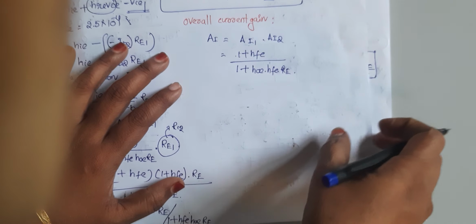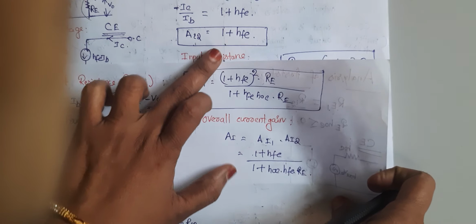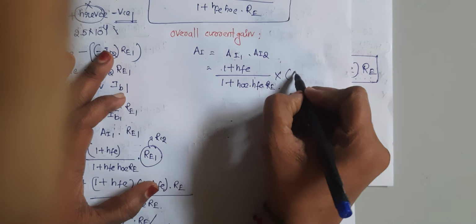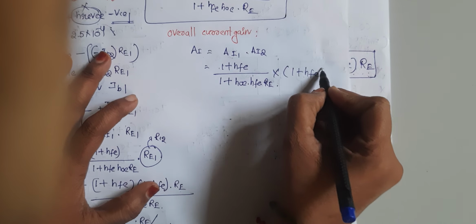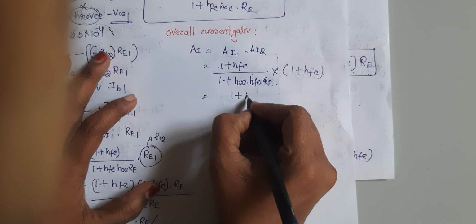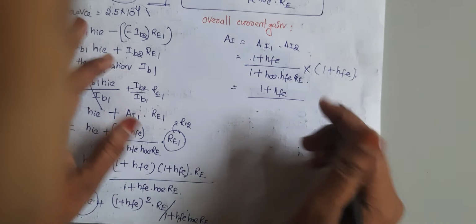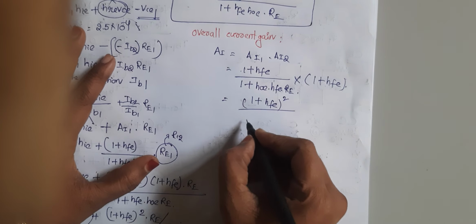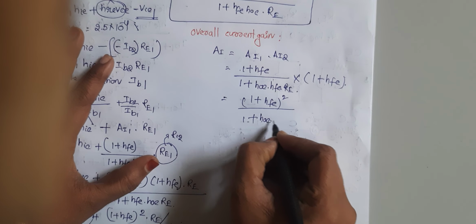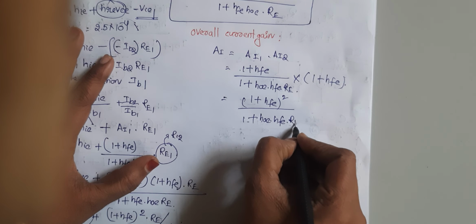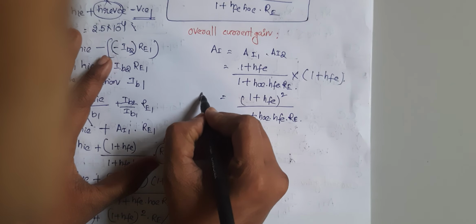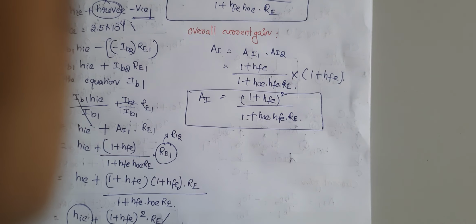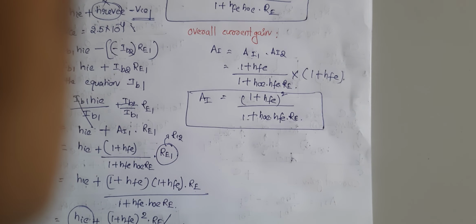What is AI2? AI2 is 1 plus HFE into 1 plus HFE, so 1 plus HFE whole square by 1 plus HOE HFE and RE. So this is the overall current gain of the Darlington transistor amplifier circuit. Okay.